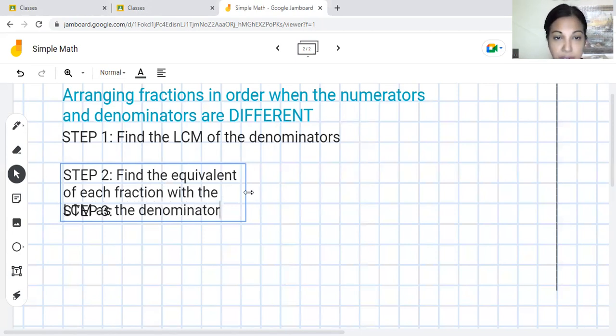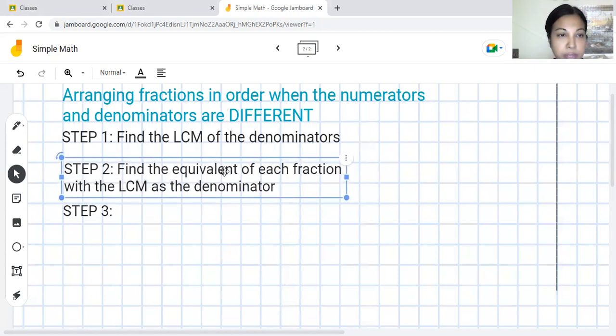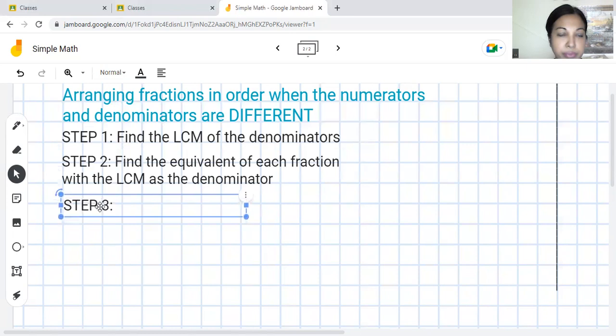I'll fix this here so we can see it clearly. So our step 2 is find the equivalent of each fraction with the LCM as the denominator. And you'll see how that is done shortly when we follow these steps.